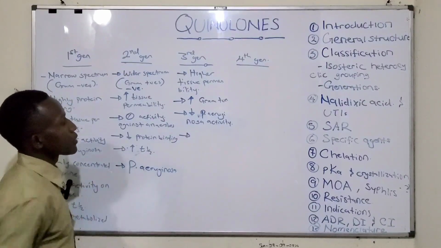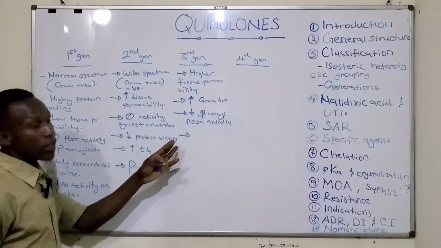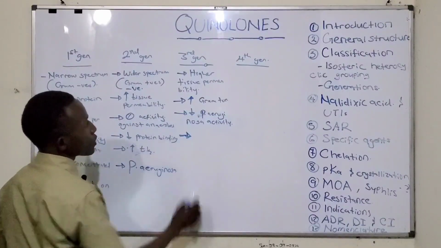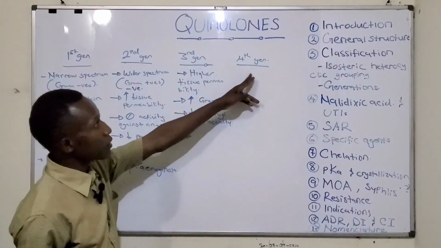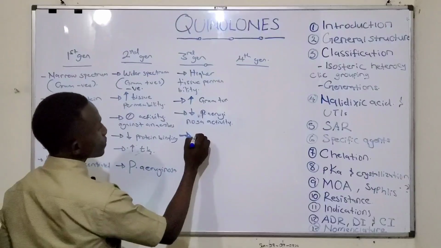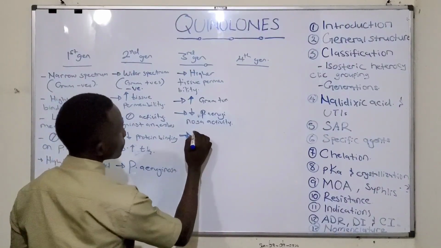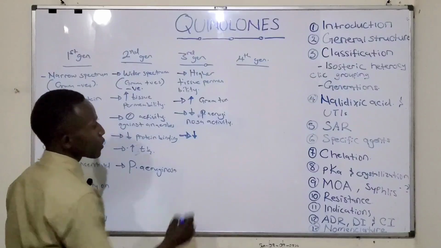But they are not yet active against anaerobes. So activity against anaerobes is not yet much as in the fourth generation. It is very low.